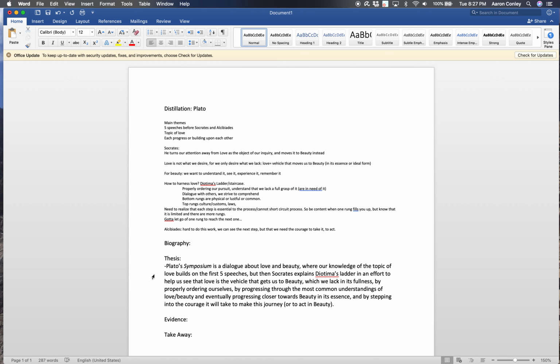But I wrote in here: Plato's Symposium is a dialogue about love and beauty where our knowledge of the topic of love builds on the first 5 speeches, but then Socrates explains Diotima's ladder in an effort to help us see that love is the vehicle that gets us to beauty, which we lack in its fullness.